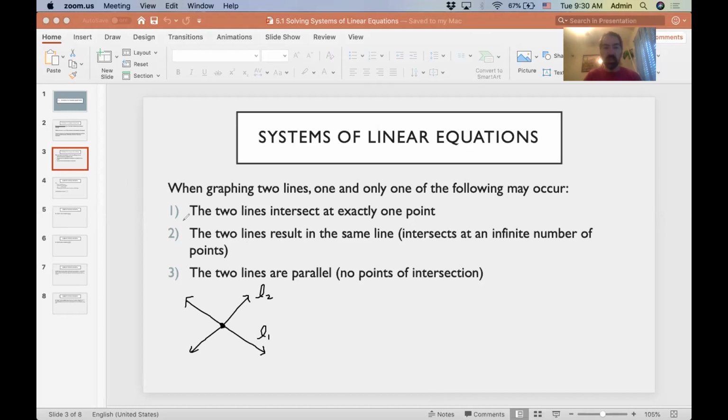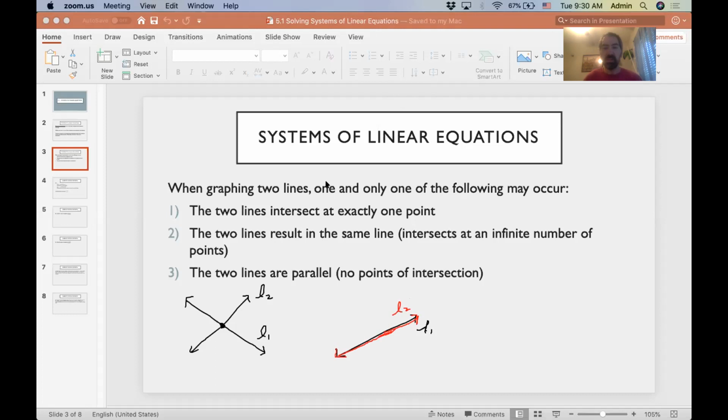Or at certain times, it could be possible that the two lines in our systems of equations result in the same line. We could have L1 here, and let me just pick a different color. If we were trying to graph L2, it could be that they are the same line. In that case, the two lines are intersecting everywhere at an infinite number of points.